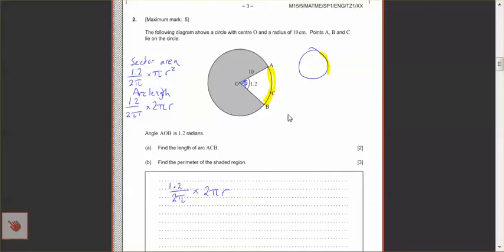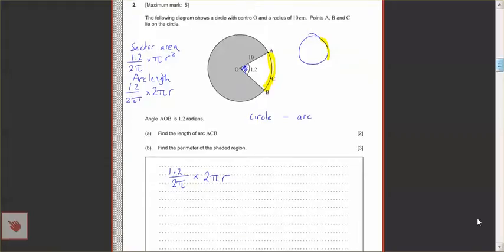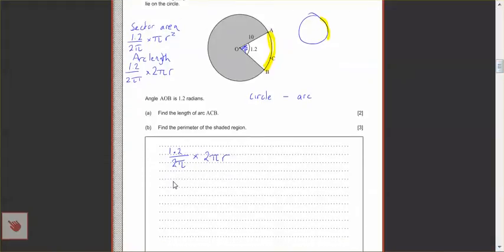So basically then I am going to do circle subtract arc, and that leaves me with what's left. Okay. So the circle is 2 pi r, and then I subtract 1.2 over 2 pi times 2 pi r. So that's circle and that's arc length.